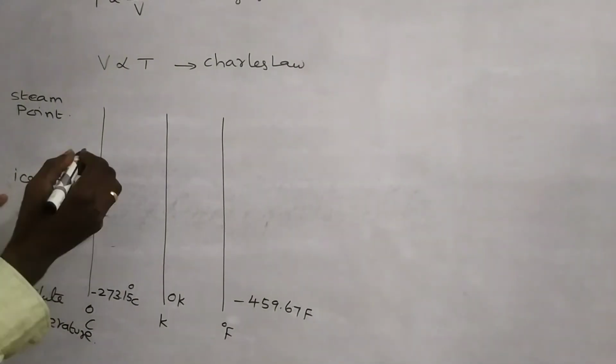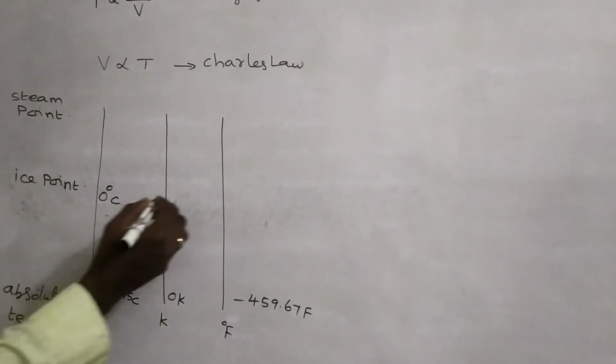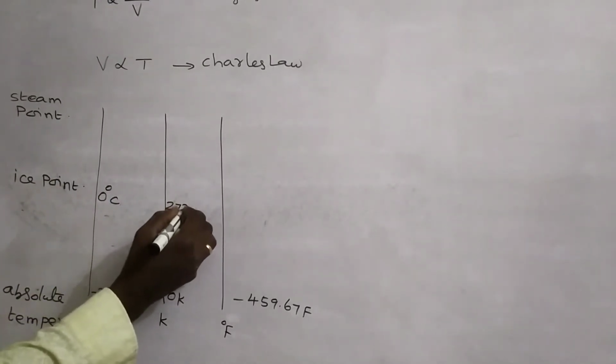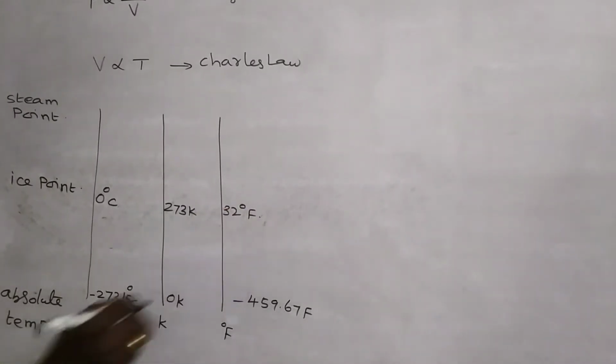Ice point of water is 0 degree Celsius, equal to 273 Kelvin, equal to 32 degree Fahrenheit.